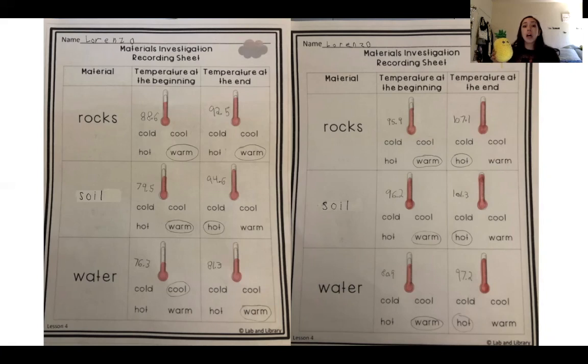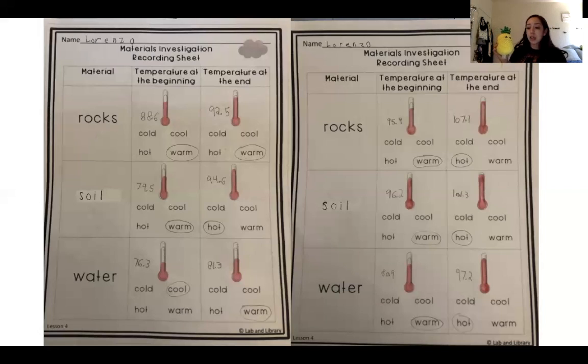It only got up to 81.3 degrees when it was in the shade, whereas in the sun, the water heated up to 97.2 degrees. Those are just some observations or explanations that the students can come up with, that they can voice their opinion or their observation about.